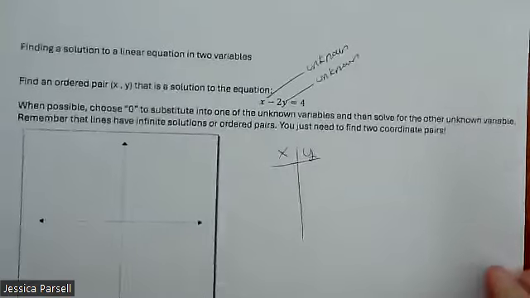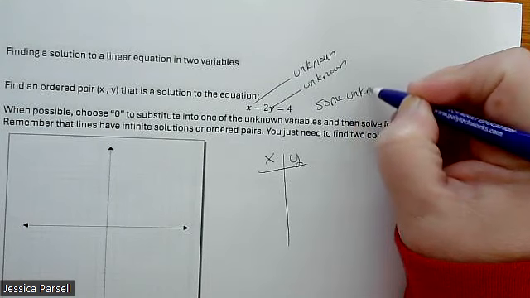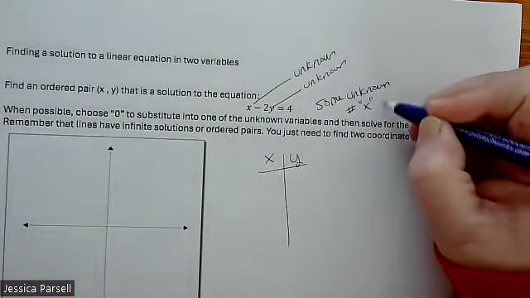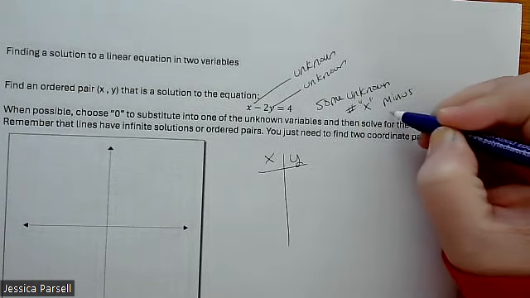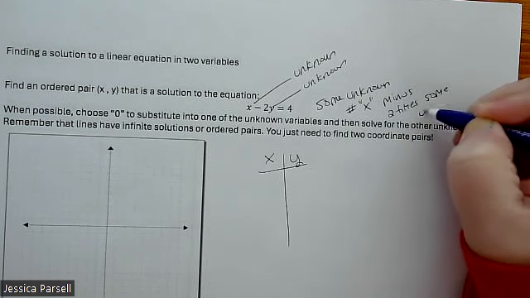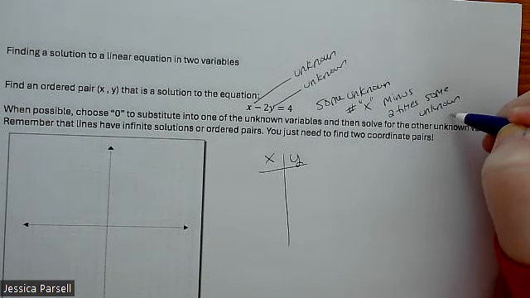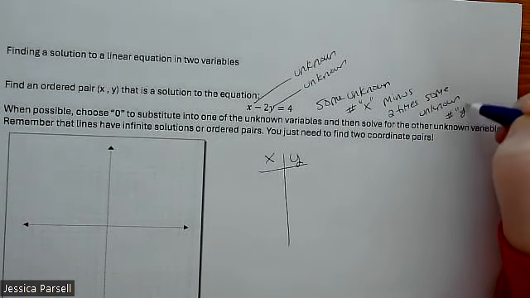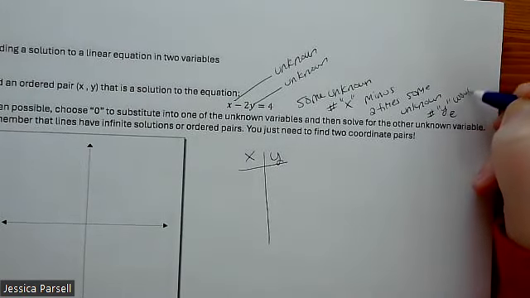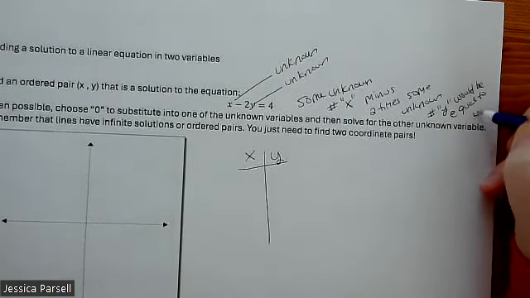It would be some unknown number x minus 2 times some unknown number y would be equal to the number 4.